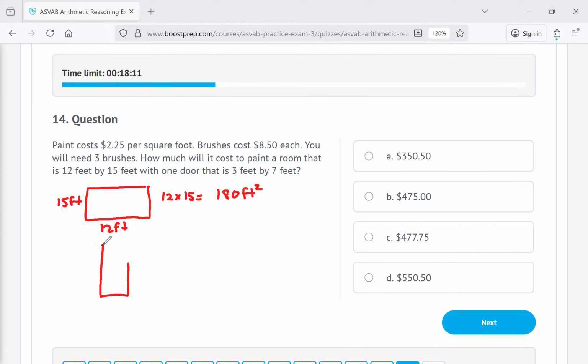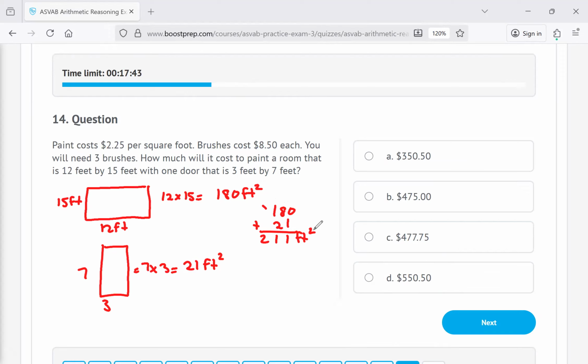And then what about this door? The door is 7 by 3, so that would be 21 square feet. Then what I would do next is add the total area. So it's 180 plus 21.